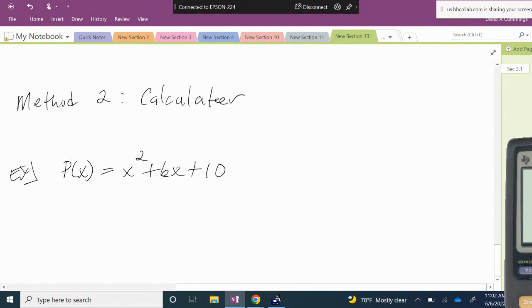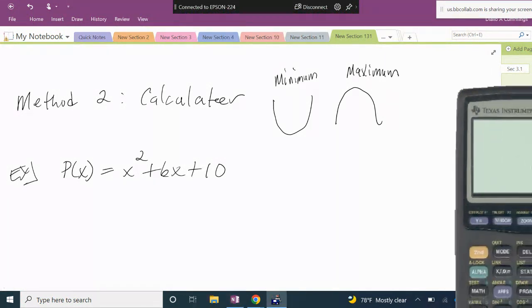The only thing you need to know on the calculator is the shape of the quadratic. There are only two shapes. If we graph this function and we have a U-shaped curve, that's called a minimum. If you graph your quadratic equation and it forms a hill shape, that's a maximum. These are two things you're going to need to know if you use a calculator to find a vertex.